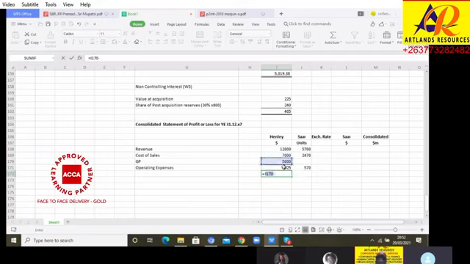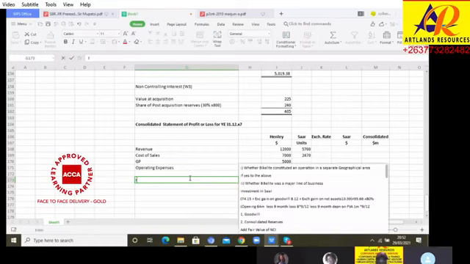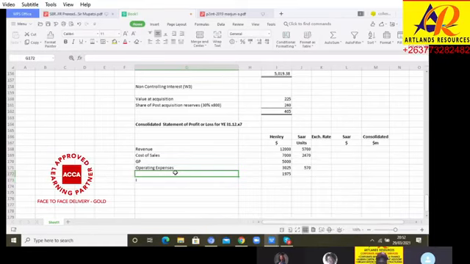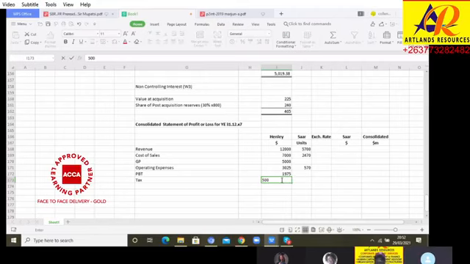Then income tax expense. Yes, it's 500, and 760.